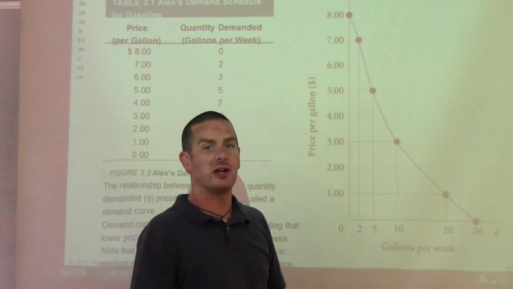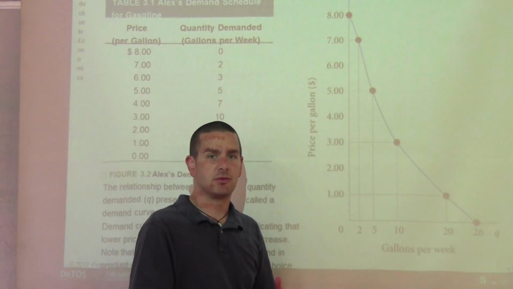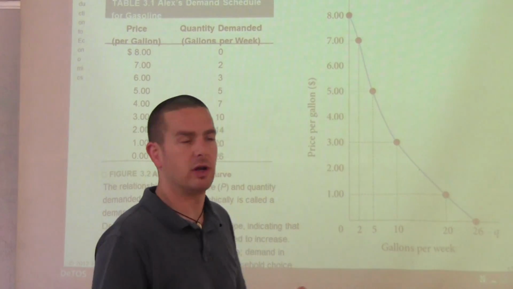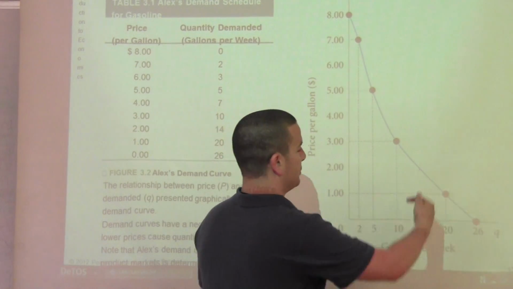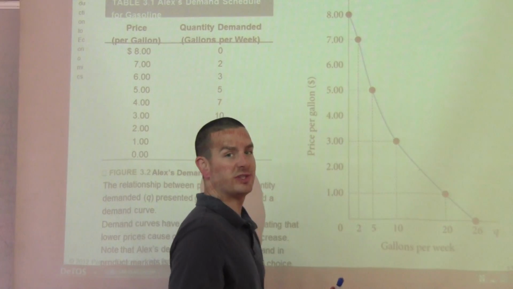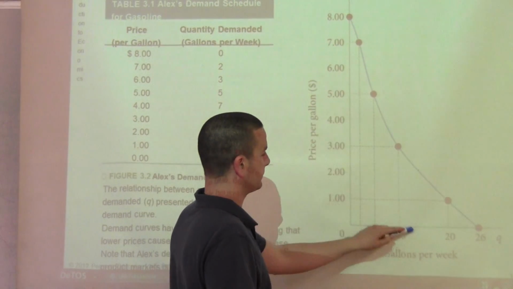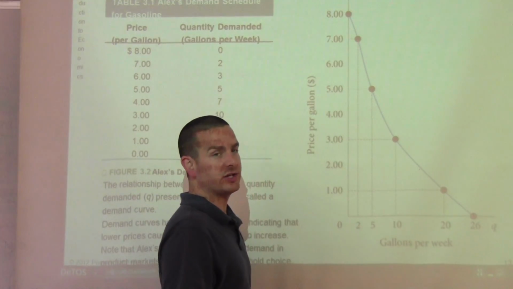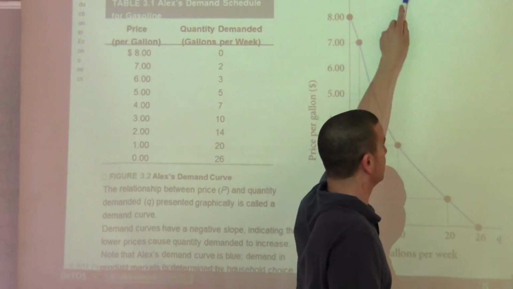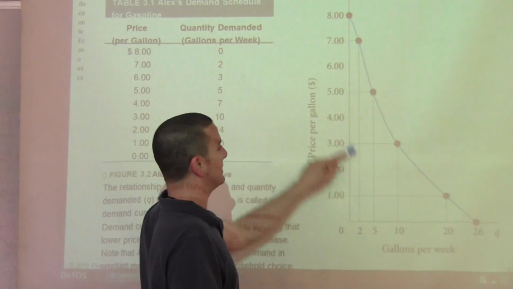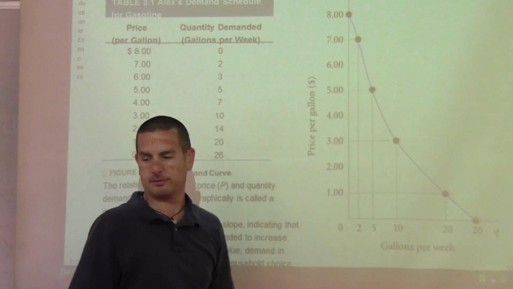If your income goes down, if you get fired, then the demand curve shifts to the left or to the southwest. It'll be in here. So an increase of demand goes that way. This is an increase of demand, and this is a decrease of demand.